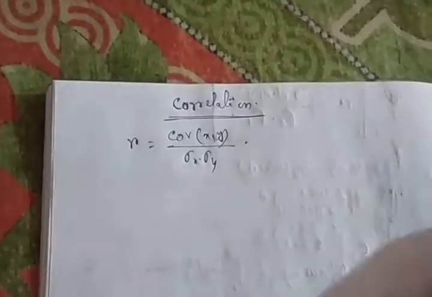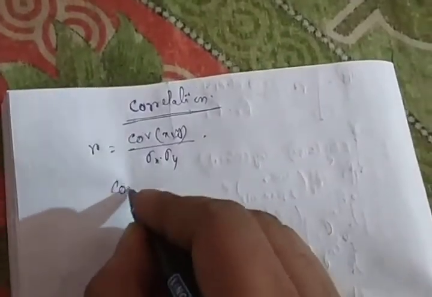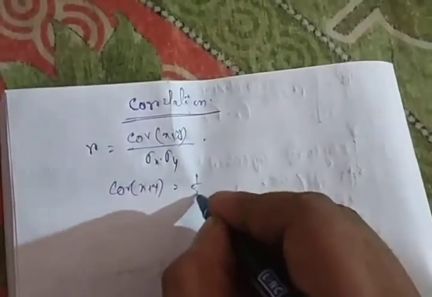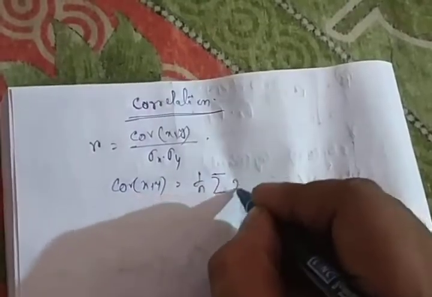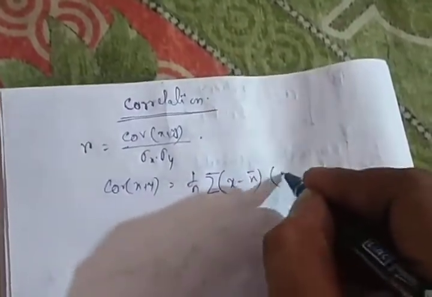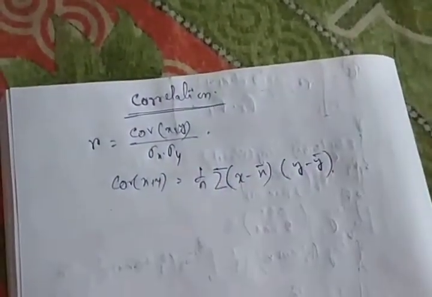Here covariance of xy equals 1 by n summation of (x minus x bar) into (y minus y bar), right?